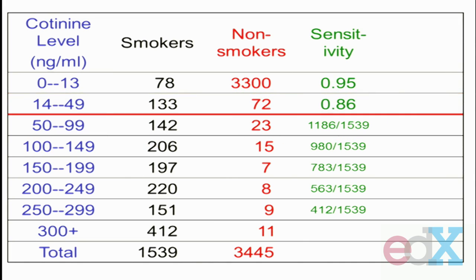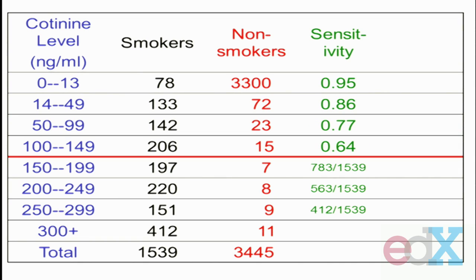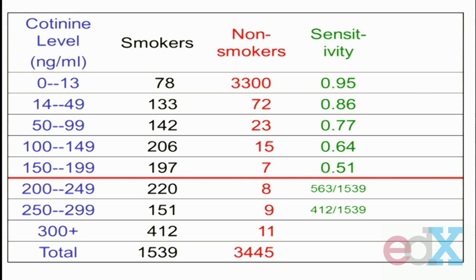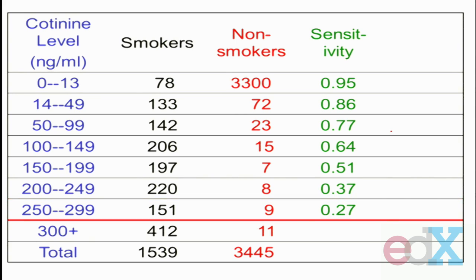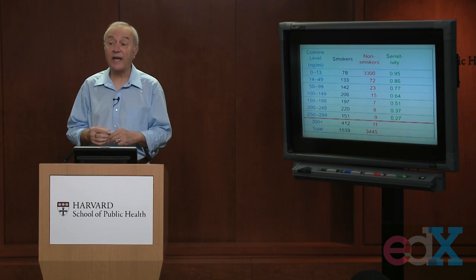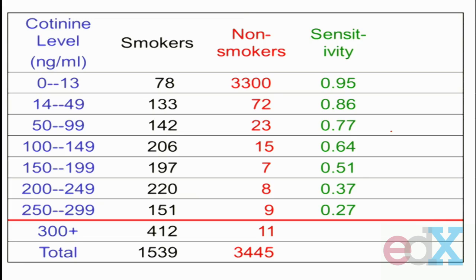Putting this into probabilities or proportions, we go from a 0.95 sensitivity to 0.86 to 0.77 to 0.64 and so on. So as we move the line down, our sensitivity goes down. But what you gain in the roundabouts, you should be losing on the swings, or vice versa. Then let's look at what happens to the non-smokers.